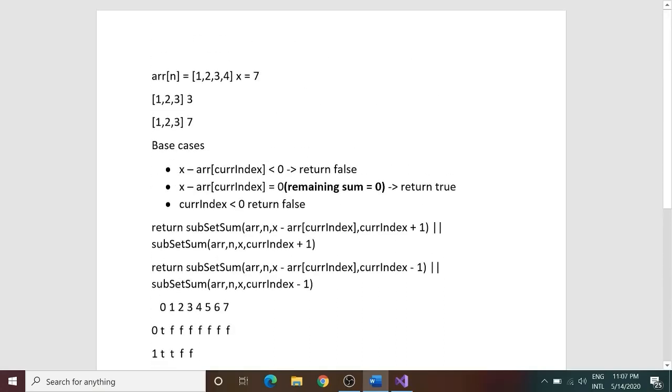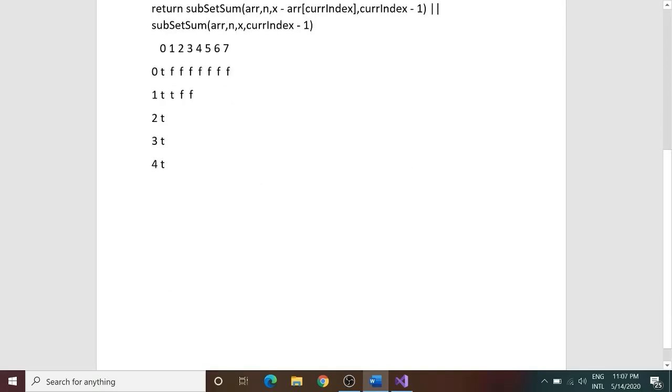And where will I find this cell? It would be here. I have 3 elements with me, but can I make a sum of 3 with all these remaining elements or not?